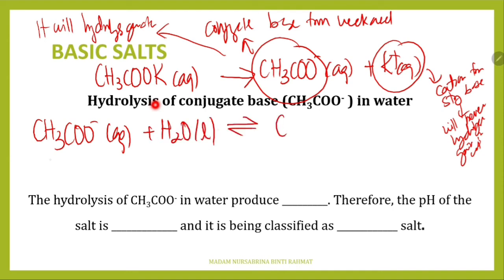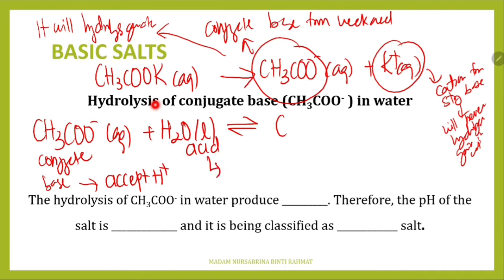This one is a conjugate base, so as a base, according to Bronsted-Lowry, it will accept H+, whereas your water will become your acid and will donate H+. So when CH3COO- accepts that H+, negative meets positive 1, so it becomes 0, no charge.